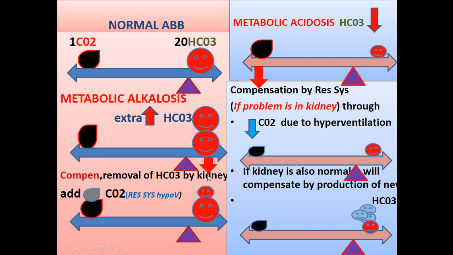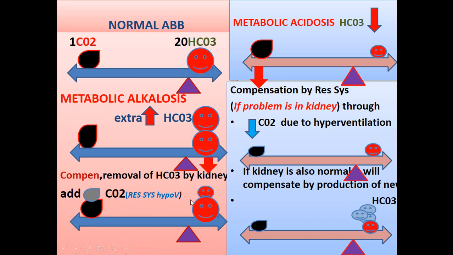The kidney will try to remove this bicarb, and the respiratory system will perform hypoventilation. They will reduce the ventilation, and when they reduce the ventilation, they will add extra carbon dioxide in the body. So whenever bicarb is more in metabolic alkalosis, the kidney will try to remove it to reduce the bicarb. At the same time, your respiratory system will try to add extra carbon dioxide in your body.